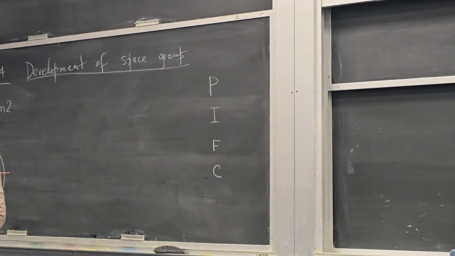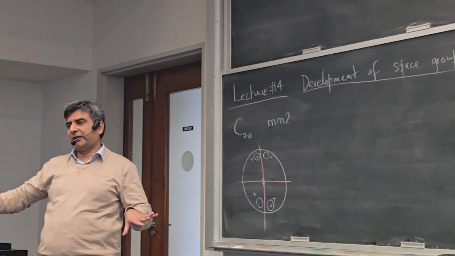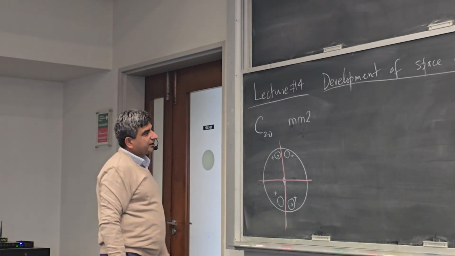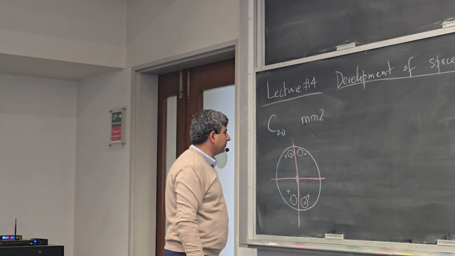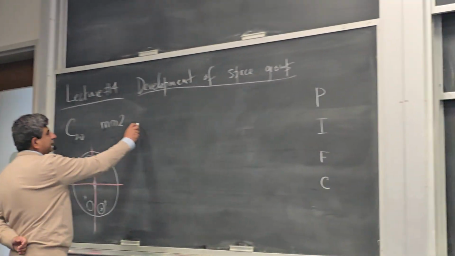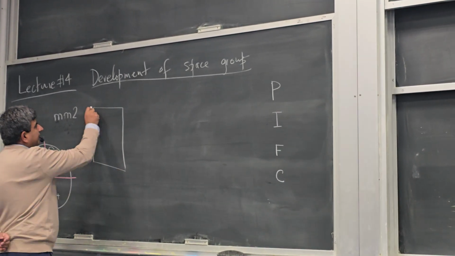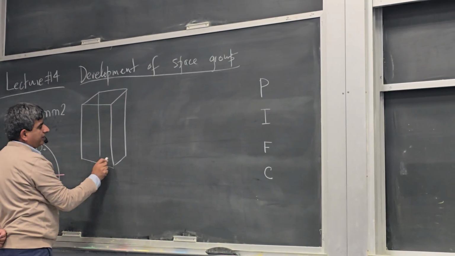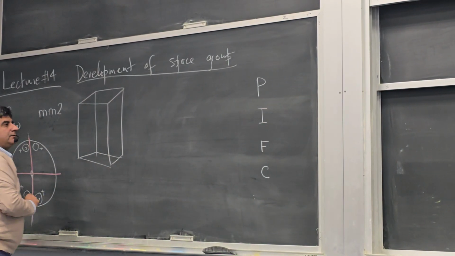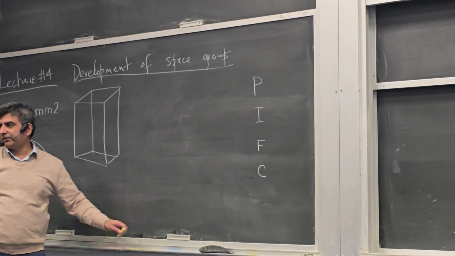Correct? The orthorhombic crystal system has the most Bravais lattices. So let's consider, for simplicity, the primitive orthorhombic. What that means is I would like to take an orthorhombic unit cell. And primitive means there are points only on the vertices.